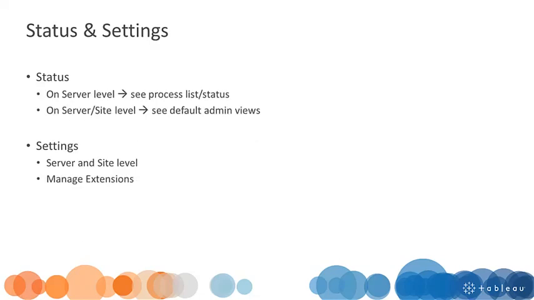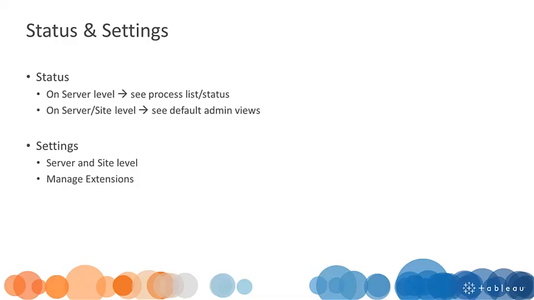The final two tabs I'll point out here are the status and settings tabs. On a server level, status will let you see a process list and the status for all of those processes, just like we saw when we signed into the Tableau Services Manager. On both the server and site level, you can access certain default administrative views of Tableau Server that will tell you things like how your extract refresh schedules are running.